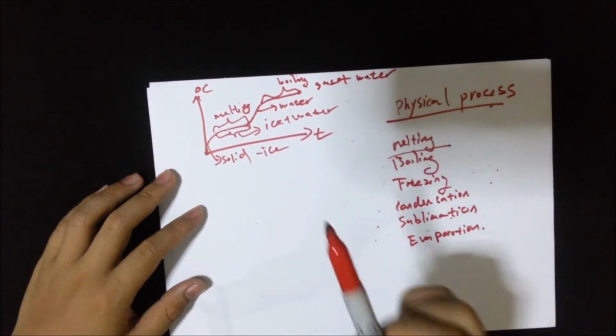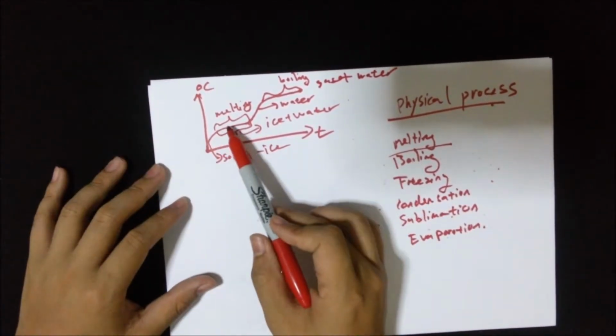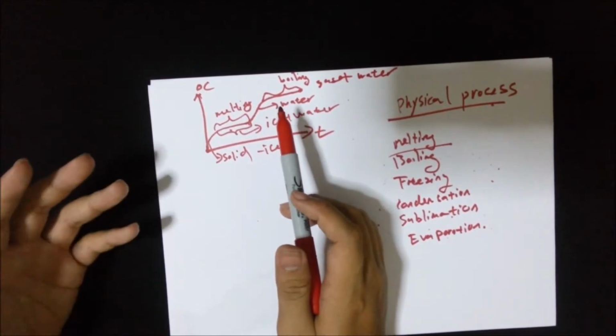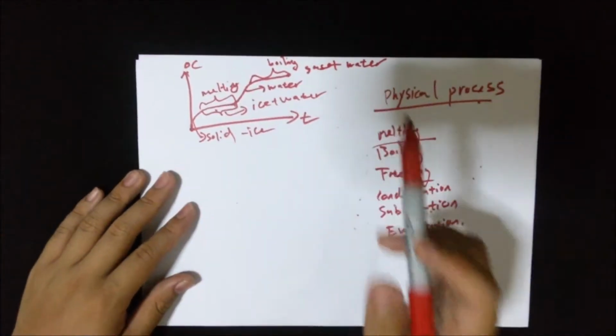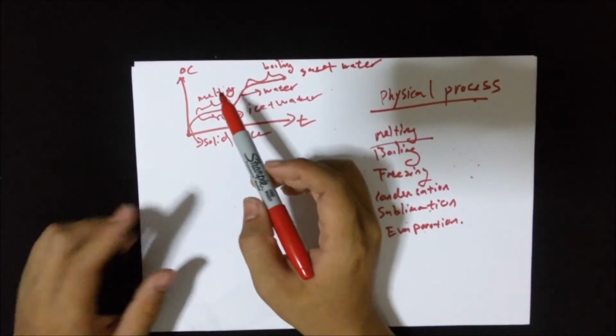So how do we individually describe what happens to the particles in each state? So let's look at melting. There's a few standard words that you must know how to describe, and once you get a hang of it, all the subsequent questions you will be able to answer. So it's very straightforward.